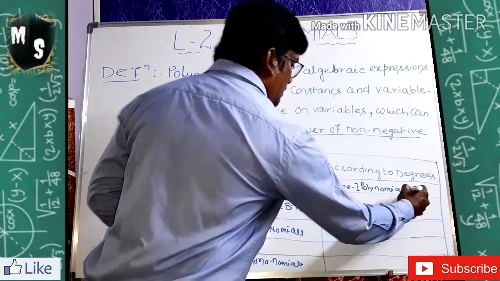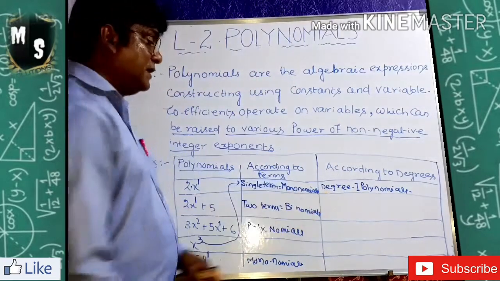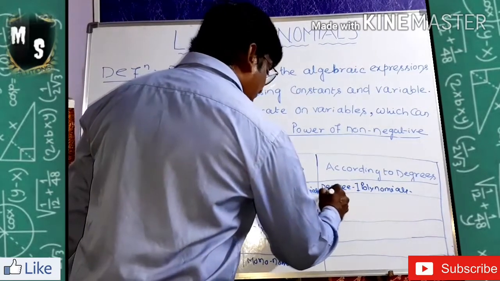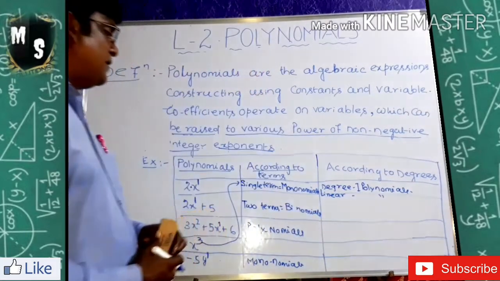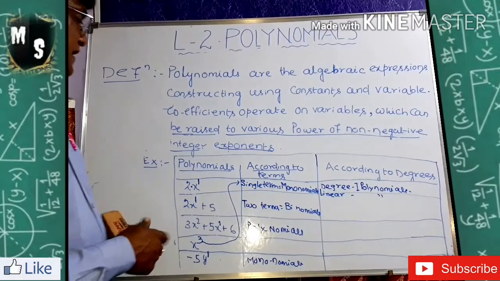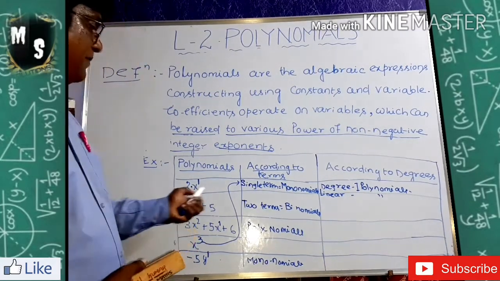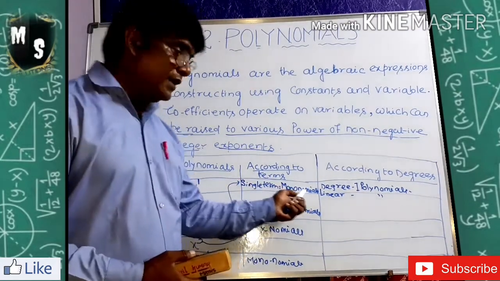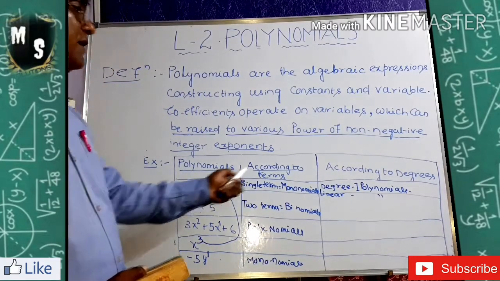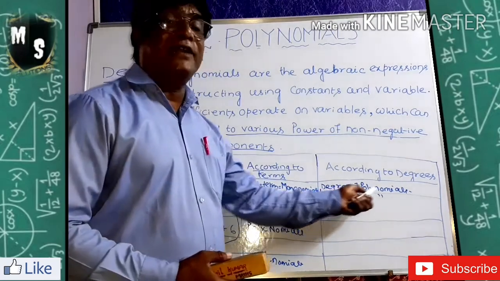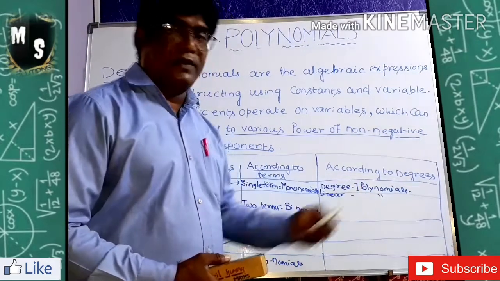Now you understood? Degree 1 polynomials are called linear polynomials. See now, when an expression has a single term it is called a monomial, and when you go to the power, it is coming under degree 1 polynomial or linear polynomial.